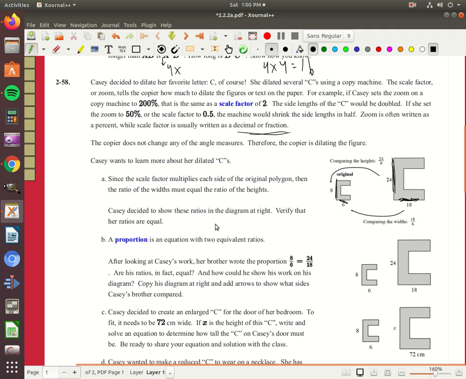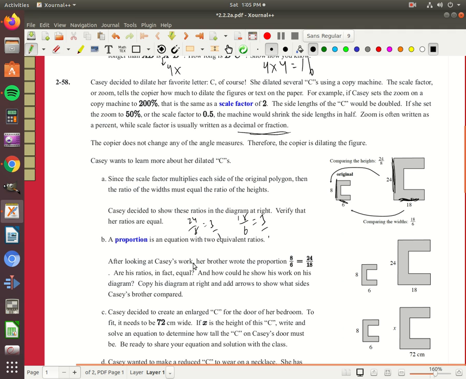So it says verify that her ratios are correct. Well, 24 divided by 8 is 3, and 18 divided by 6 is 3. So she has that same scale factor, that same ratio, so I think she did a good job. A proportion is an equation with two equivalent ratios.